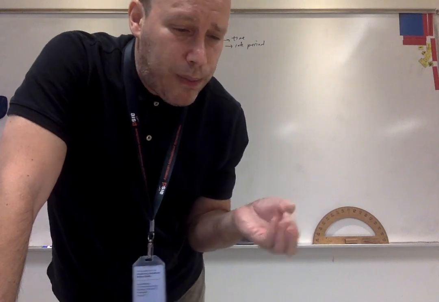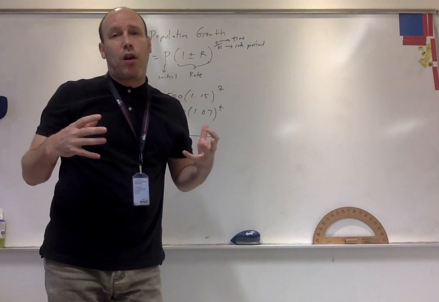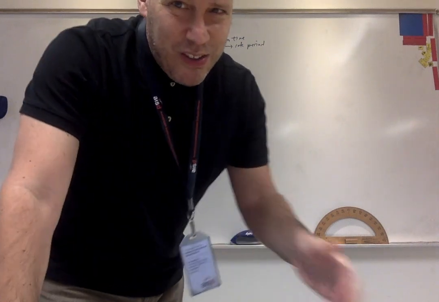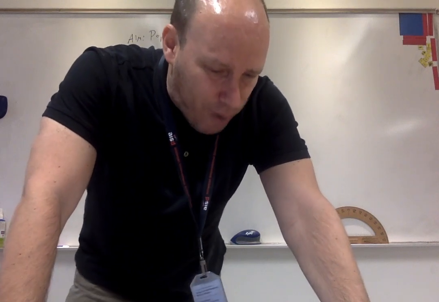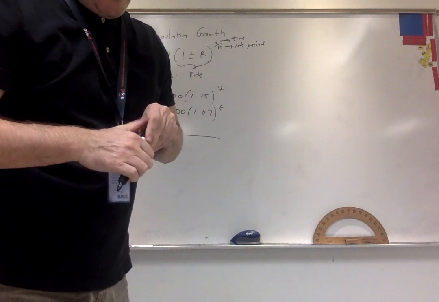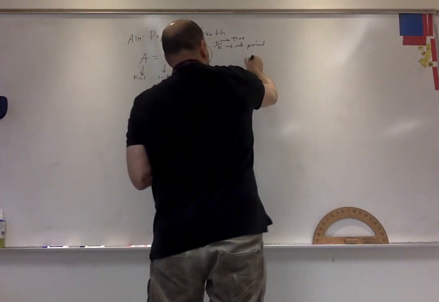So the first thing is, how do we model this? Well, we're told it's population growth, and we know population growth is not linear most of the time, but in this course it's going to be a rate. So the question is, how do we find the percentage growth? Well, you're going to do what you would do to determine if something was geometric.